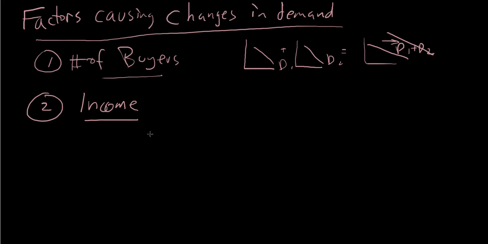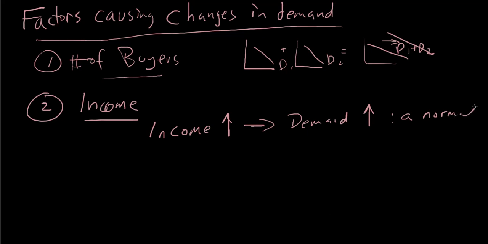Suppose income goes up, and normally you purchase more of the good, right? If the demand goes up, then we call this good a normal good, okay?